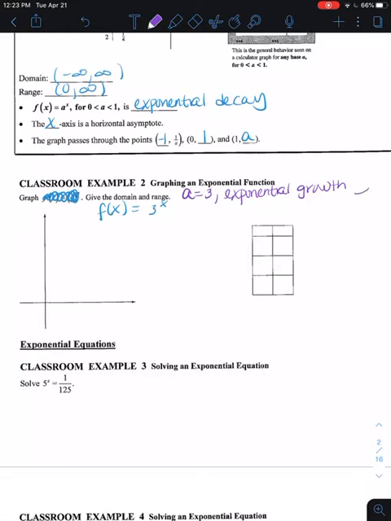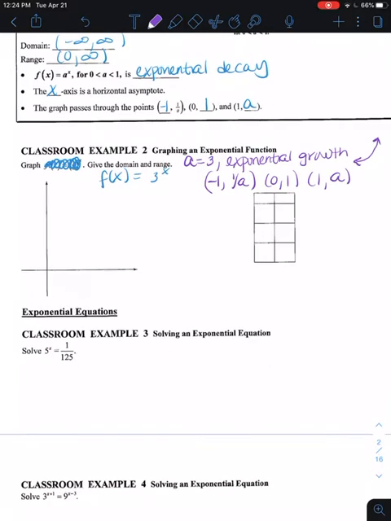So my graph should look something like this. And then I'm going to use those 3 special values to help me plot some points on this graph so I can sketch it. So remember, the points are -1, 1 over a; then I have the point 0, 1 and the point 1, a.